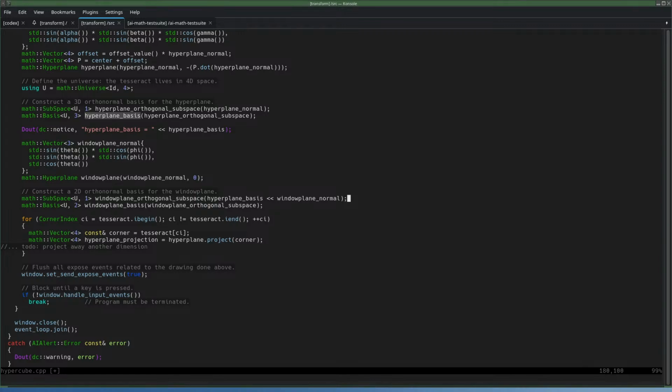This might be confused with writing the hyperplane normal to the hyperplane basis. It's not even possible. How can you write something to a basis? But yeah, my experience, like 50% experience, it's not set in stone, but often I find that using operators like the less than operator and other operators is not always the best thing.